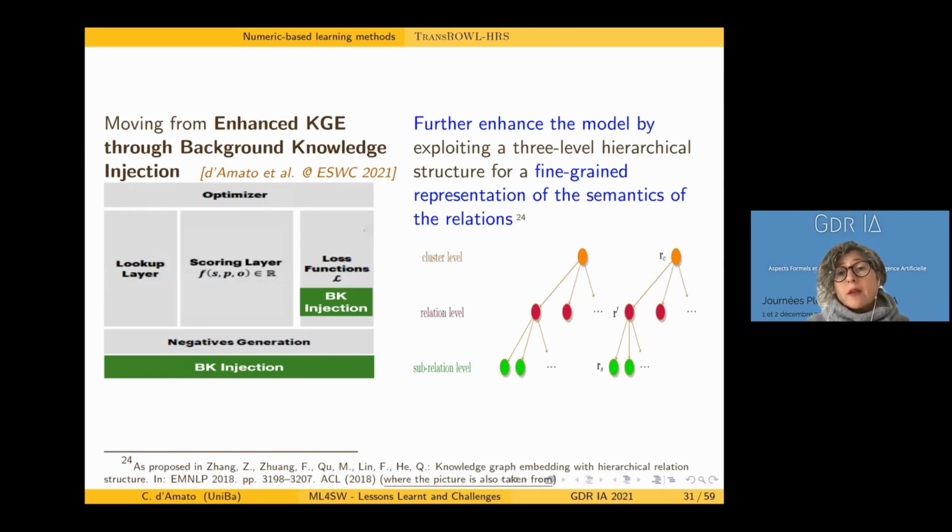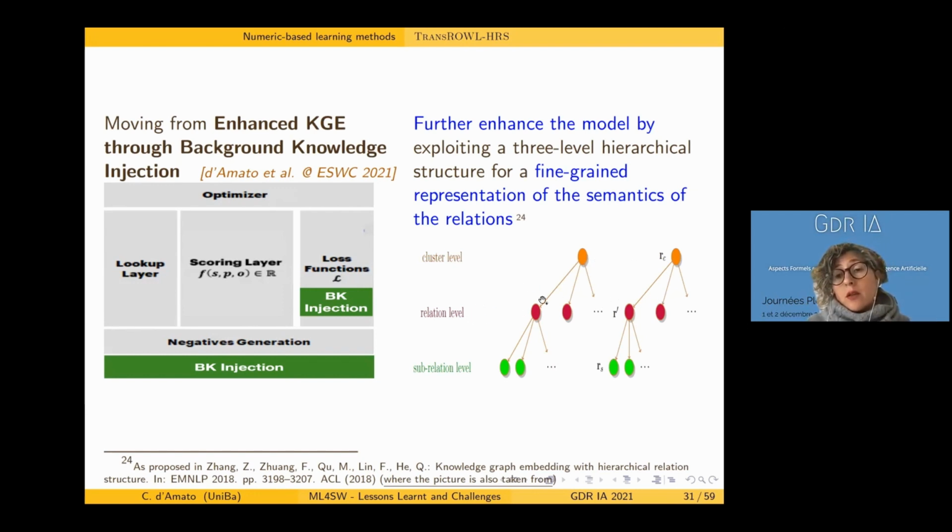This more fine-grained representation of the semantics of the relationship has been proposed by Zhang and colleagues and formalized as a three-level hierarchical structure, where at the top of the hierarchical structure, as a root node, we have clusters of relationships.